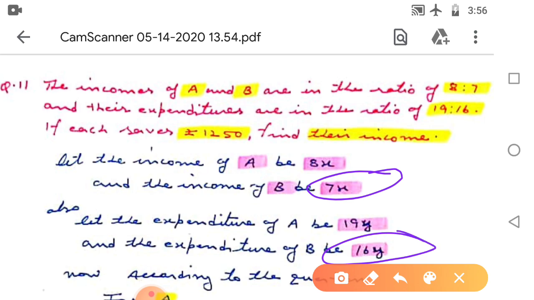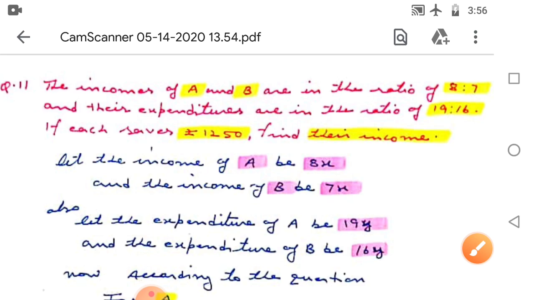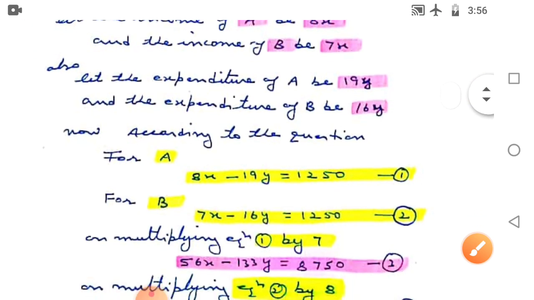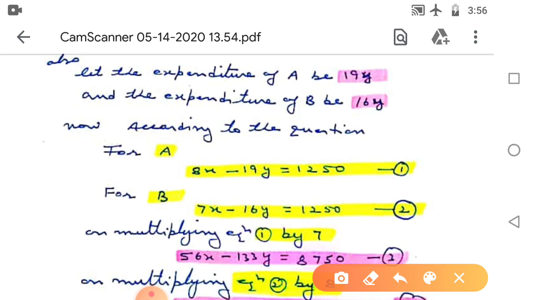Okay, and income minus expenditure gives you saving. So look at here now. According to the question, A saves 1250 rupees, where the income of A is 8x rupees and expenditure of A is 19y.